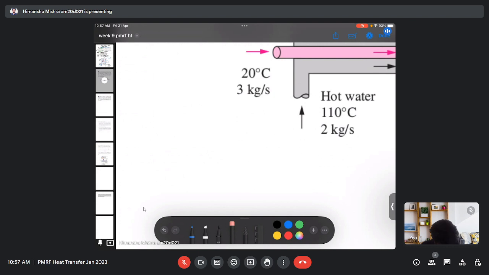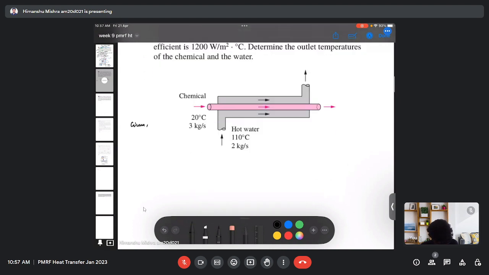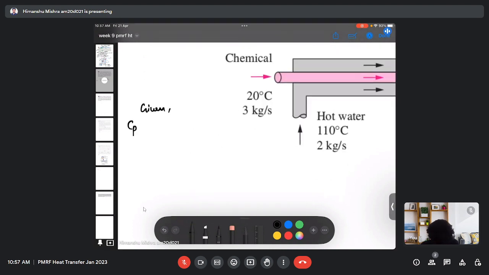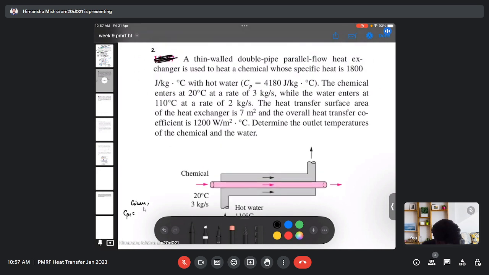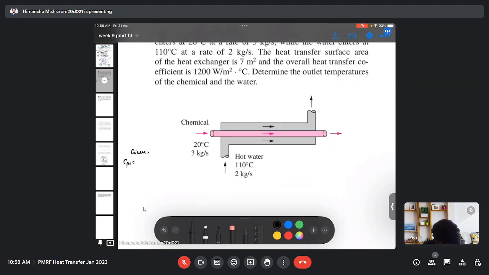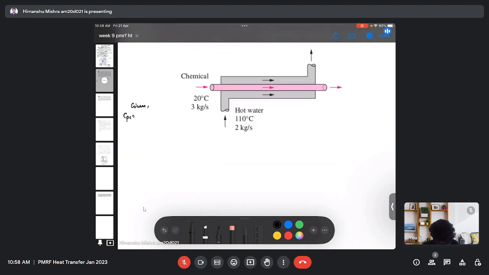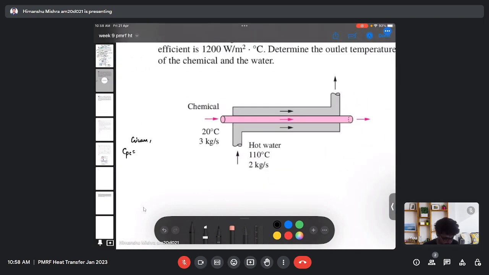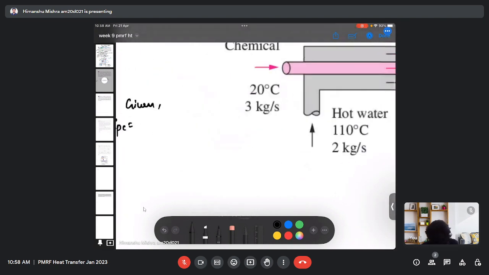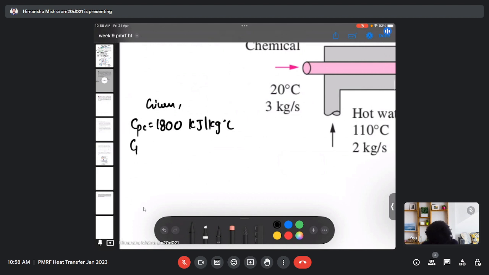So we have given certain quantities. We have given the chemical specific heat capacity, which is 1800, and for water it is 4180.